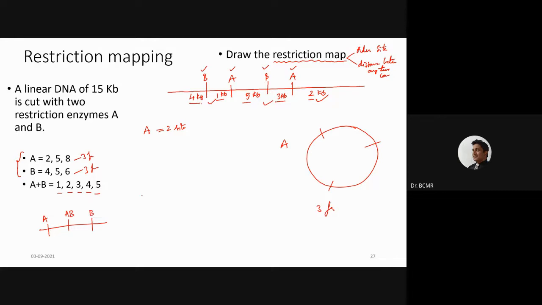Is it possible that A and B cut at the same site? If that is true, in this place of A, B should also be able to cut, and the same would hold for A as well. So that is not a possibility. When you put in restriction mapping problems, you have to ensure that there are separate sites.